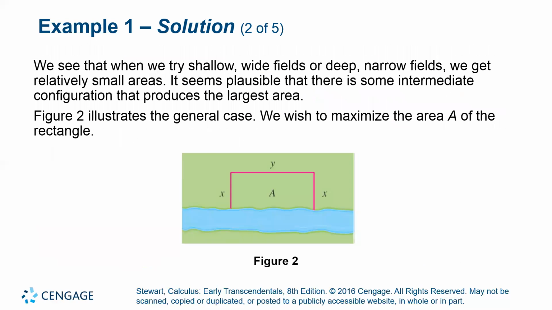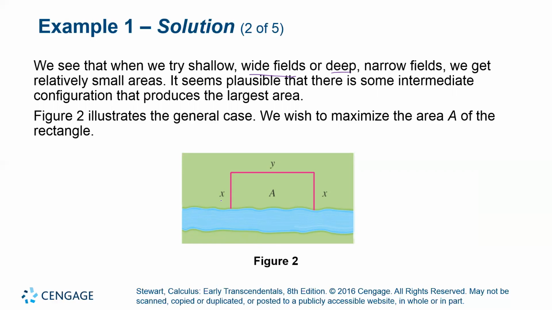First, we're going to define. We try shallow, wide fields or deep, narrow fields, and we get relatively small areas, as we have seen there. It is possible that there is some intermediate configuration that produces the largest area. So we're going to figure it out. So therefore, we go to this figure. And this is the area.